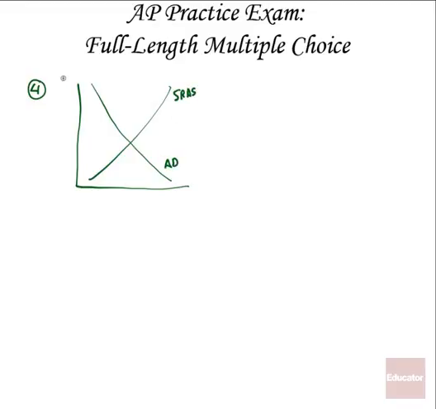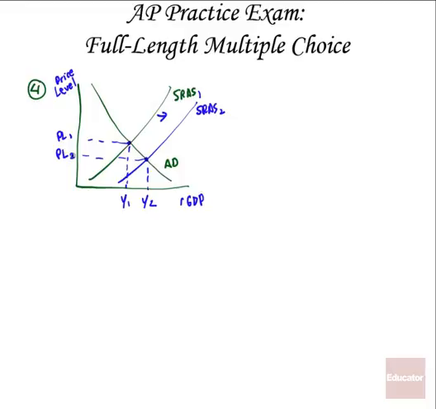Here you have the price level and the RGDP. What you have is the SRAS shifting to the right. So here's SRAS 2, and you have Y1, Y2, and PL1 and PL2.